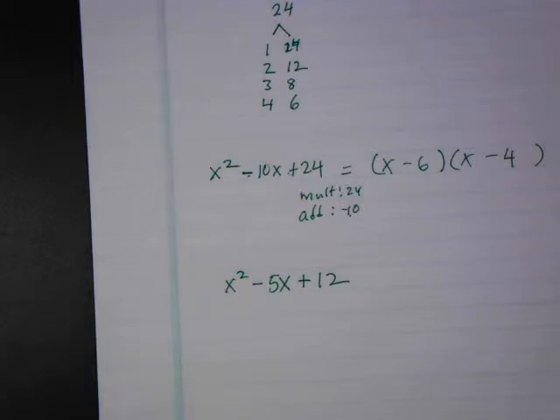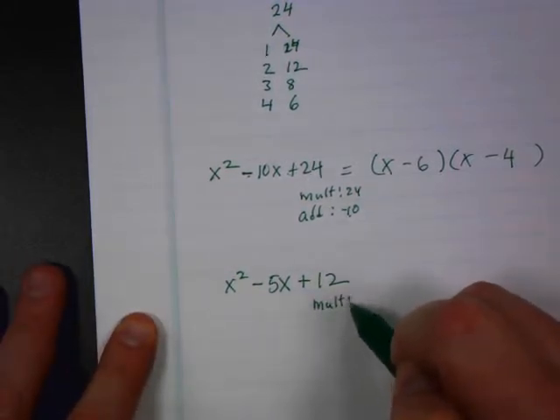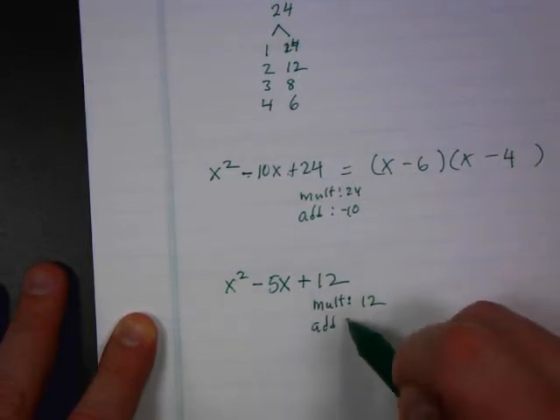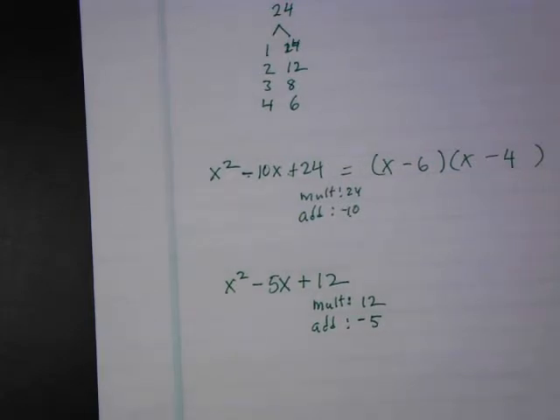I found the hard one finally. Well, what needs to happen? We need two numbers. They need to multiply to be 12, and they need to add to be -5. So give me two numbers that multiply to be 12 and add up to be -5.